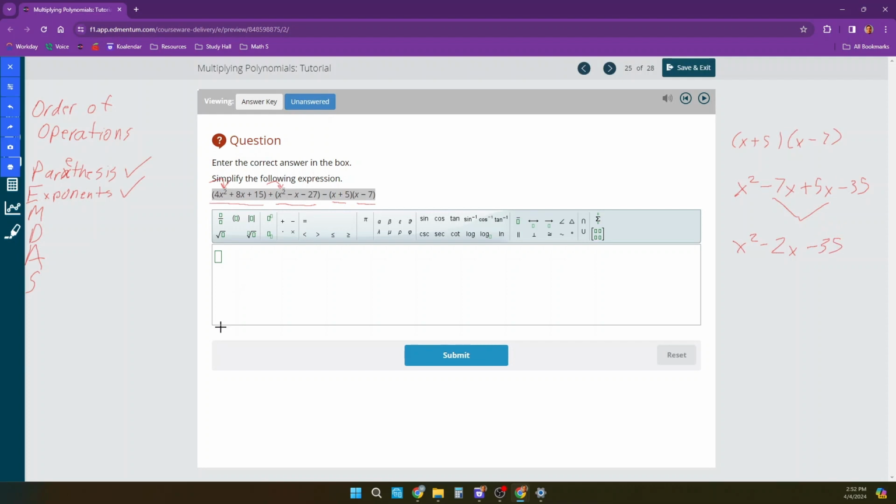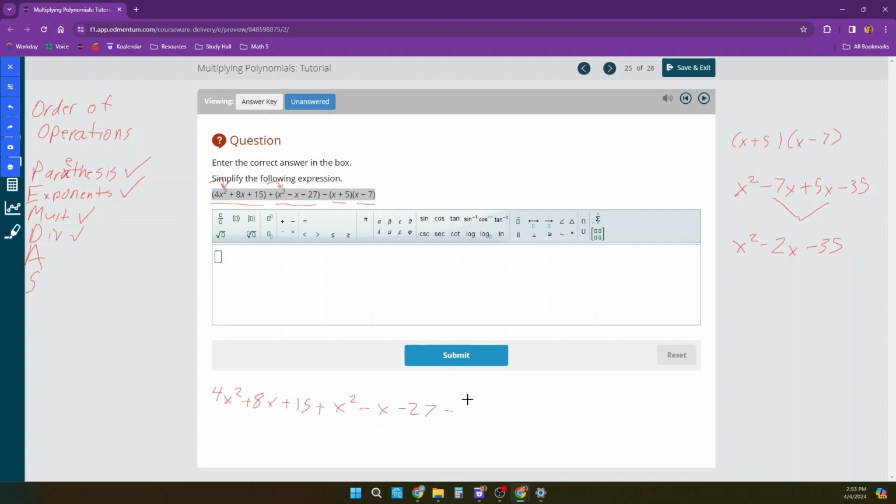Now, I'm going to combine all my polynomials together because I have now satisfied my multiplication and my division. And all that's left is my addition subtraction. So let me rewrite the equation as 4x squared plus 8x plus 15 plus x squared minus x minus 27.